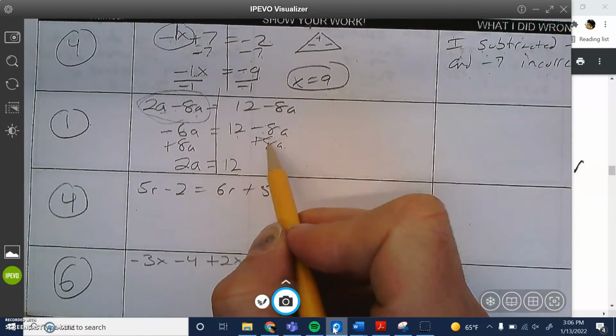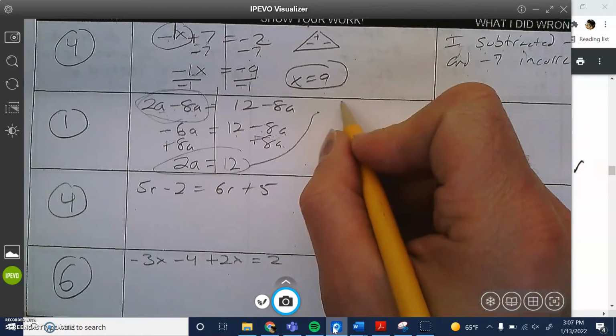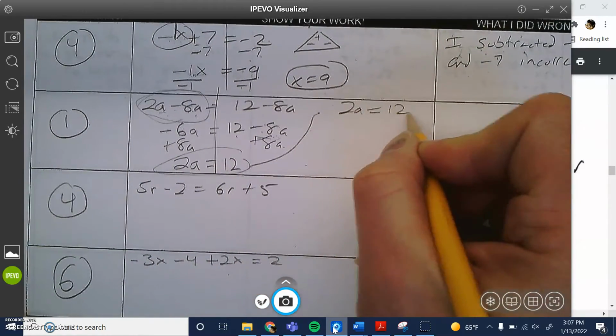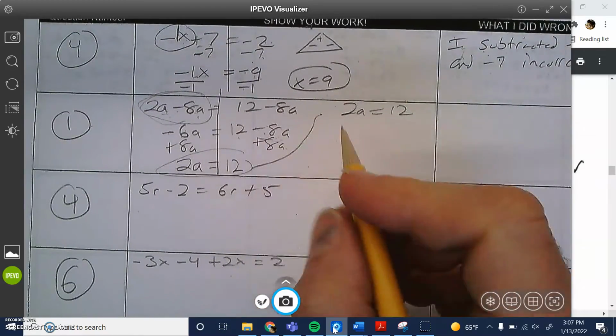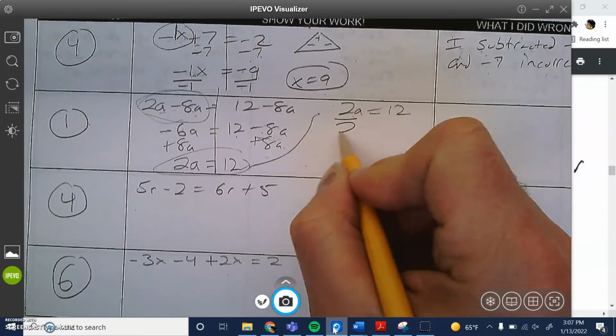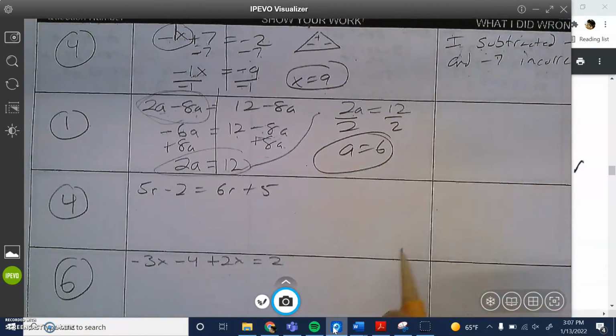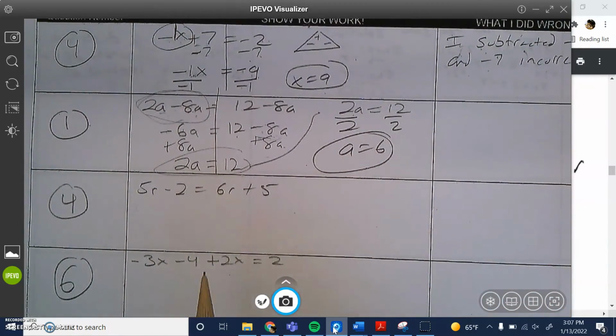Negative 8a plus 8a is 0. So 2a equals 12. I'm going to put it up there. The opposite of multiplication is division. a equals 6, we got it. Nice job.